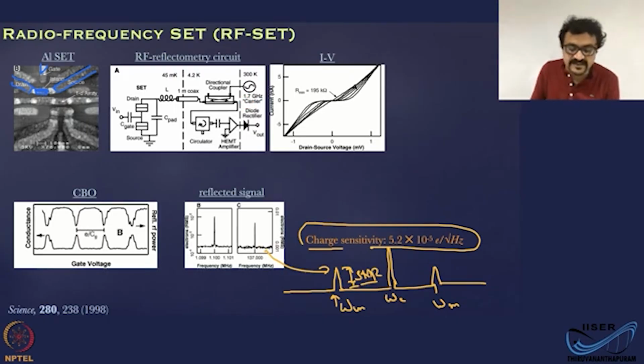That is at resonance, and you can detect events up to close to a megahertz. In this case, you have applied a 137 megahertz signal to the gate, and you can get that back by demodulating the reflected power. And that's what this signal is.